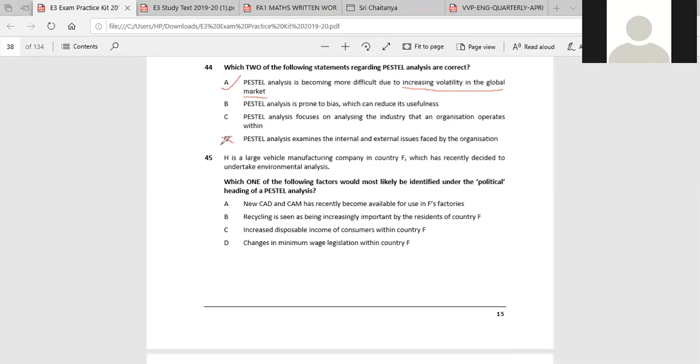PESTLE analysis is prone to bias, which can reduce its usefulness. PESTLE analysis focuses on analyzing the industry that an organization operates within. Is it only restricted to industry? Most of you, I mean, three of you have agreed with C. Is it applicable only to a particular industry?